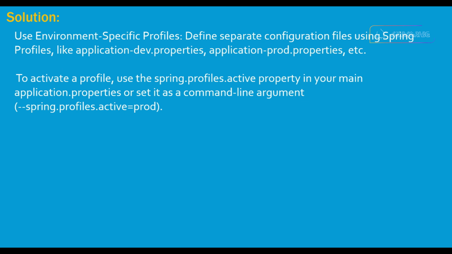If you are using environment-specific profiles, then it is going to have separate configuration, separate ports, separate environment-related configuration, etc. Whenever your application is active on a certain profile, you can make use of spring.profiles.active in your main application, or you can set it on the command line so that your application starts using the configuration as per the profile. It should not happen that your dev application is using production configuration, or the production application is using dev configuration. That would be troublesome.